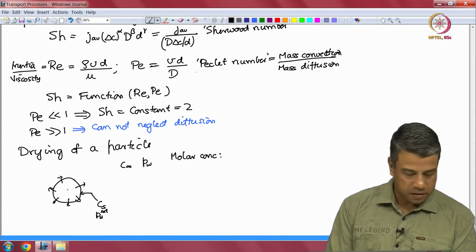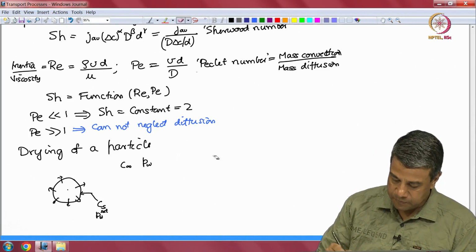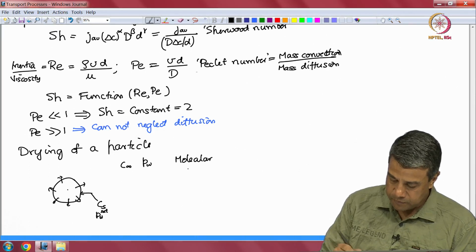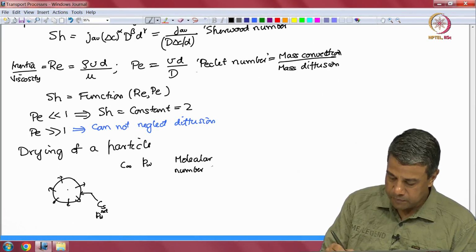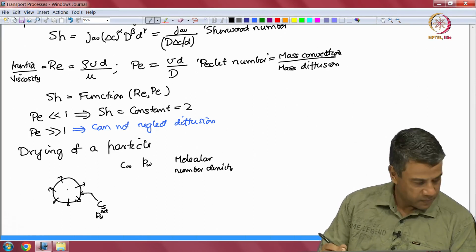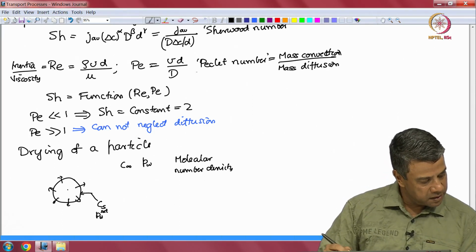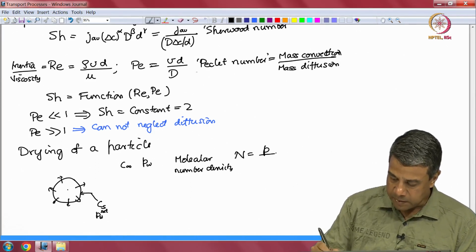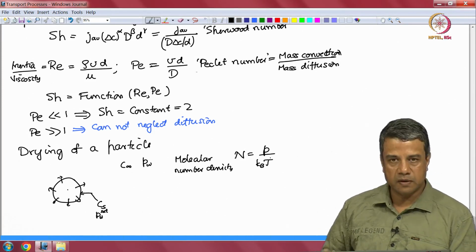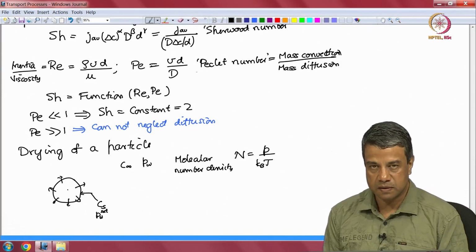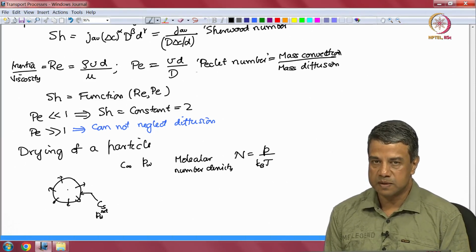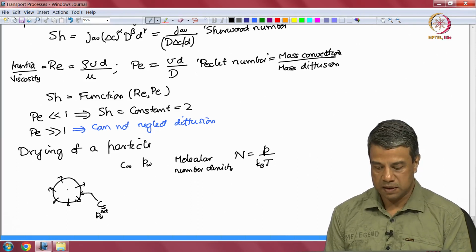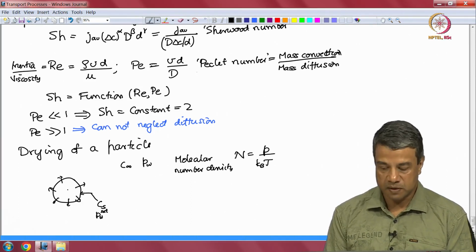Let me write this in terms of the number density, which is equal to P by kT, the number of molecules per unit volume. This is from the ideal gas law. The number of moles per unit volume is P by RT.